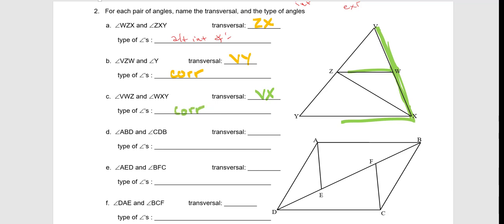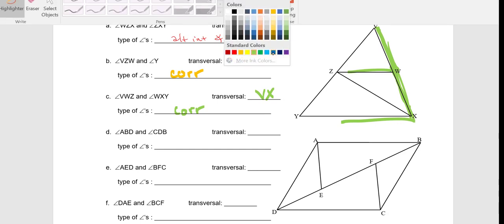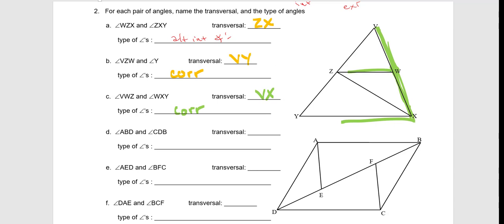Okay, let's jump down to the next diagram down at the bottom. And it says that ABD, which is this one right here, and CDB, which is this one right here. Hopefully you can see the big Z there. And this angle and this angle are the ones that we're talking about.